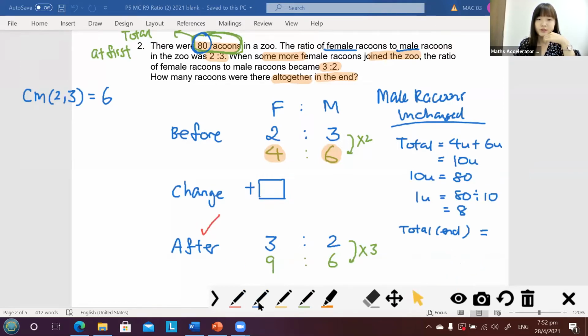Very good. I see a lot of 15. If you don't know how to get 15, you must be adding 9 units to 6 units, 15. So 15 units would be 15 times 8. Your final answer, you use your calculator, go and calculate.